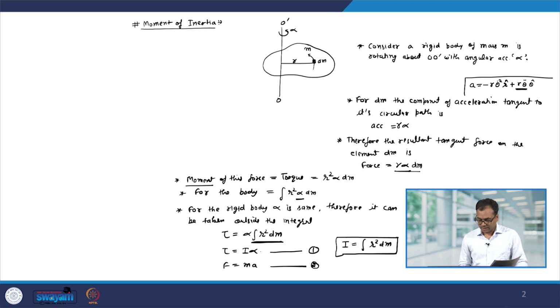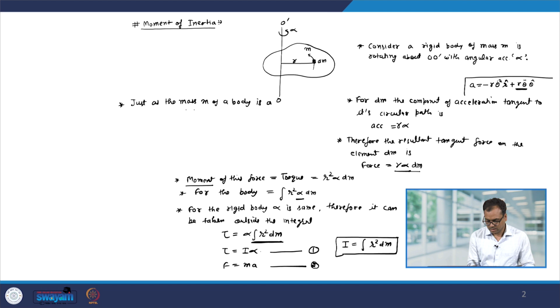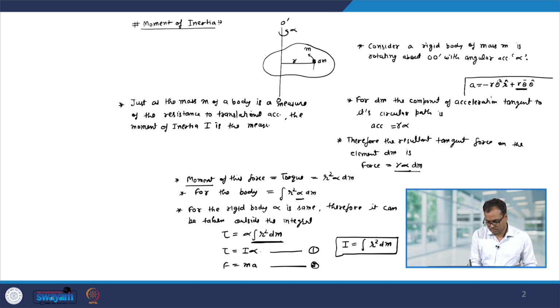Let us compare 1 and 2, and just by comparison we can make the following statement: just as the mass m of a body is a measure of the resistance to the translational acceleration, the moment of inertia I is the measure of the resistance to rotational acceleration of the body.